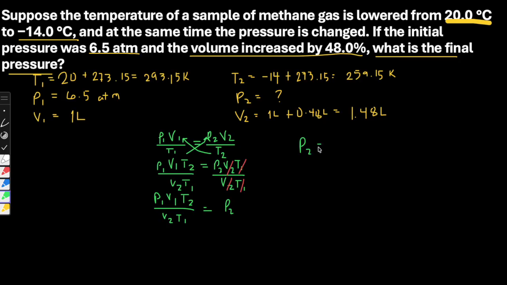Okay, so let's solve now for P2. So we are given the P1, which is 6.5 atm.